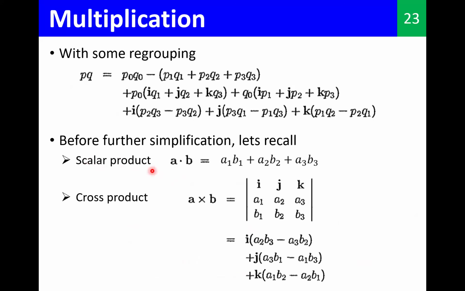For the simplification, we will use things like this. I hope you know the scalar product for vectors, right? If you have a dot b, you have a1 b1 plus a2 b2 plus a3 b3, likewise. That is our scalar product. And for the cross product, a cross b, you have i j k, a1 a2 a3, and you take this and you get this answer. Now when you look at this answer, you can see some of these are inside, for example this one over here.